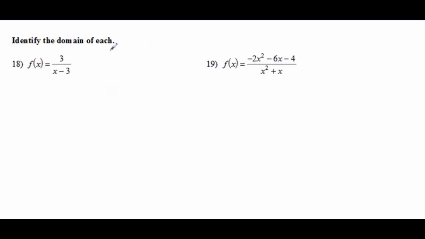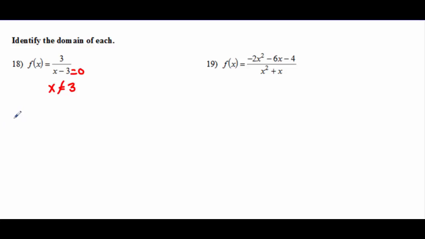Identify the domain of each. So the domain of our function has to do with where the bottom of our function equals 0. So if x minus 3 equals 0, that means x equals 3. And so for our domain, what we care about is that x can't be 3. If I plug in 3, I get a 0 on bottom, and that gives me an error or an undefined spot.